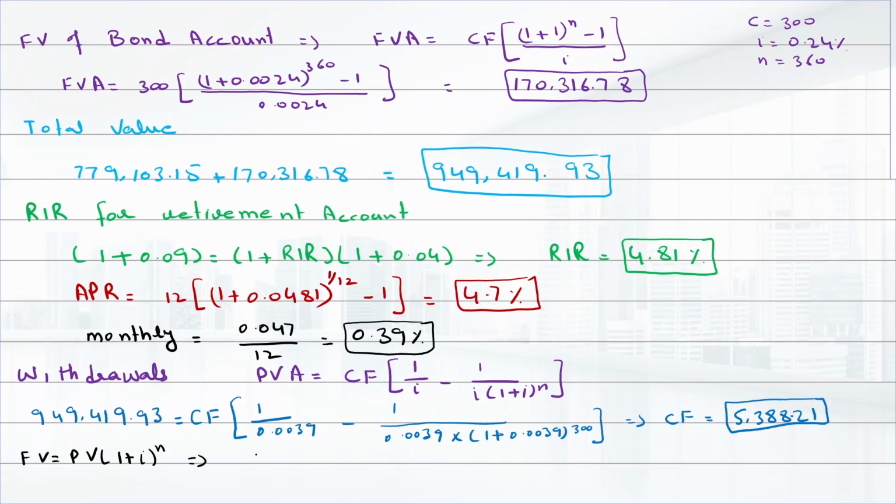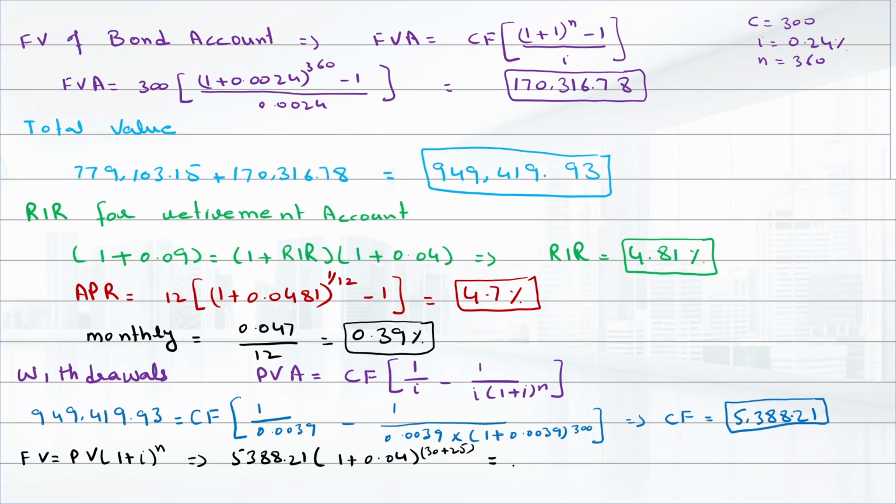The present value will be the cash flow of the last withdrawal in real form, that is 5,388.21, times (1 plus the interest rate, which will be inflation of 4%, 0.04) with n being 55 years, that is 30 plus 25.